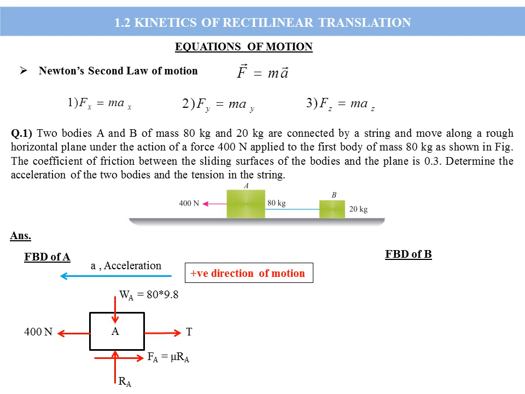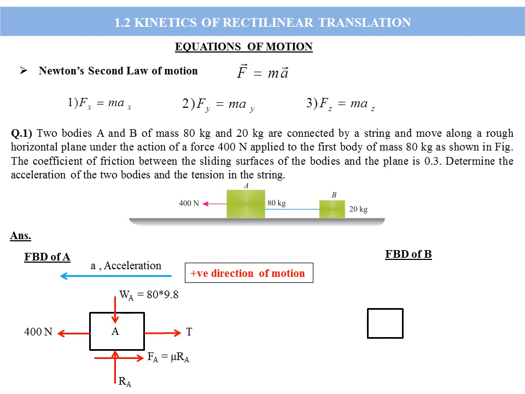So all the forces in the direction of motion of the body you take as positive, and all the forces acting opposite to the direction of motion you take as negative.